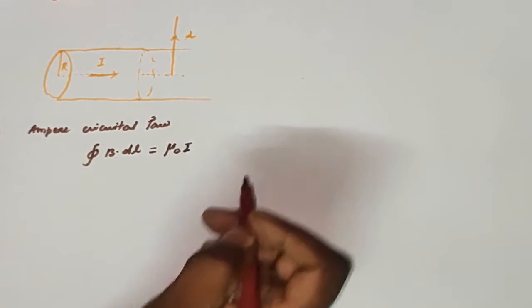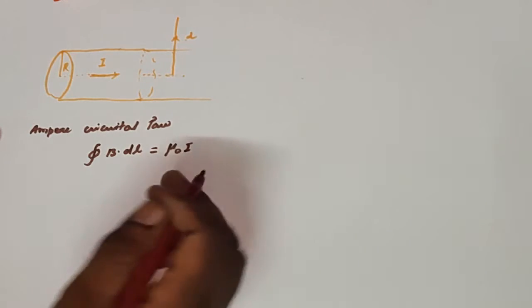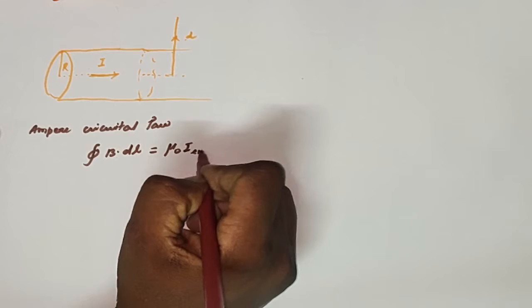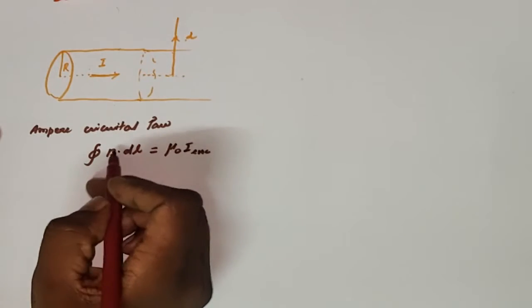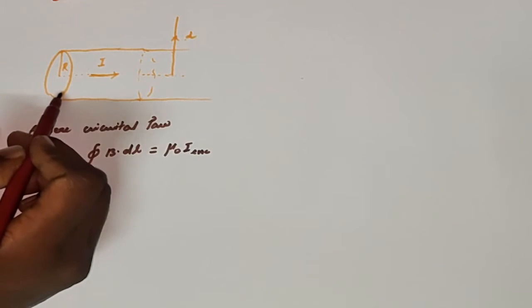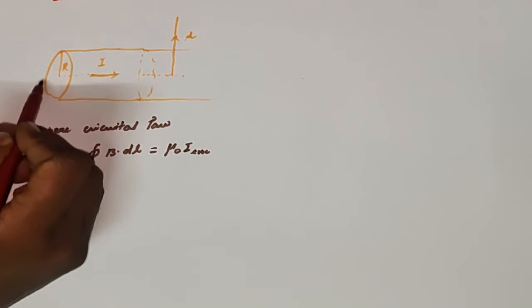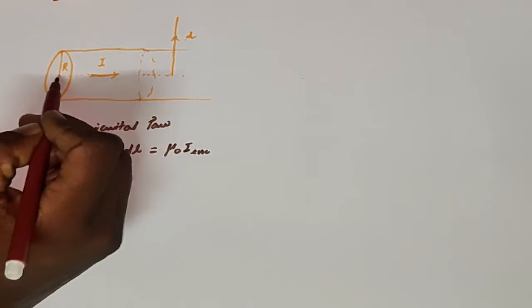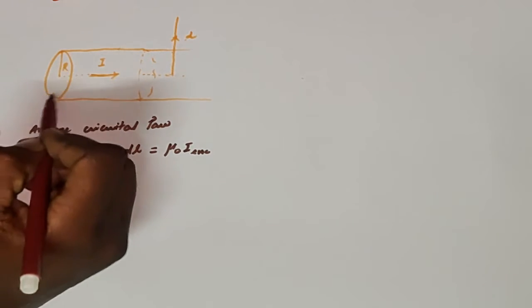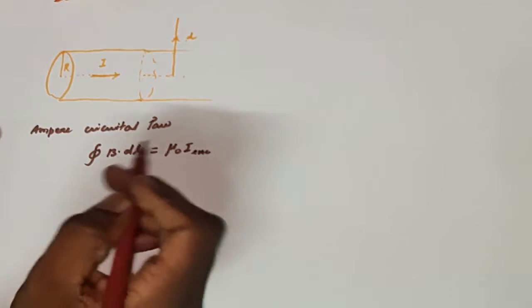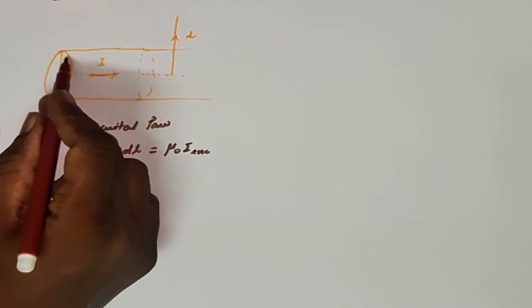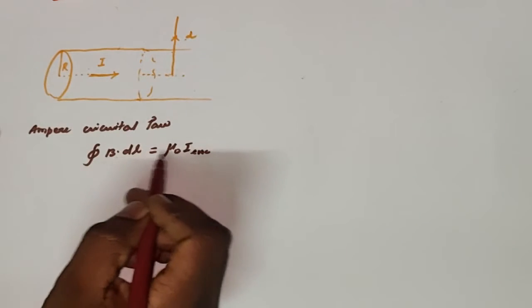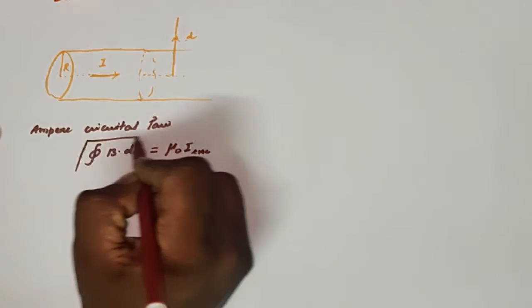This is Ampere's circuital law. Here I enclosed means, suppose you are taking, for example, this circle as a line integral of the magnetic field. The current enclosed within this circle is I enclosed. So the line integral will be equal to mu naught times I enclosed. This is Ampere's circuital law.